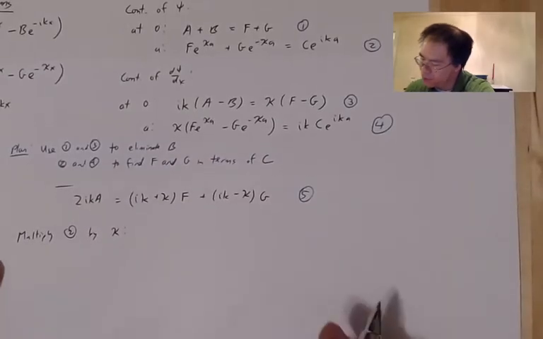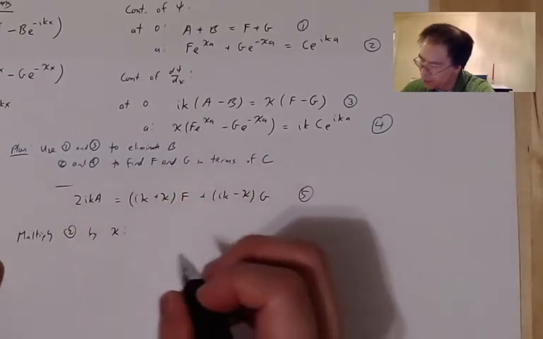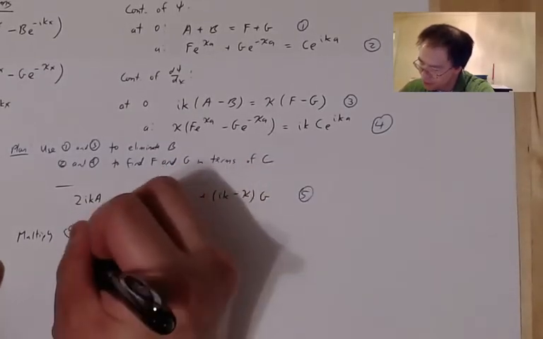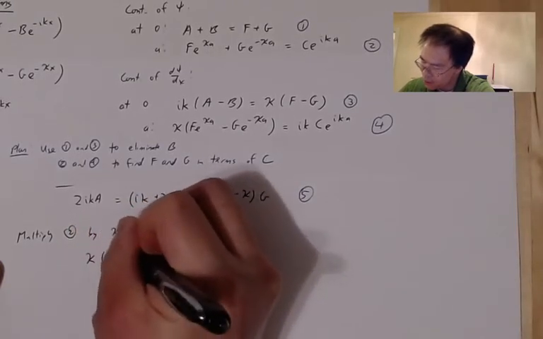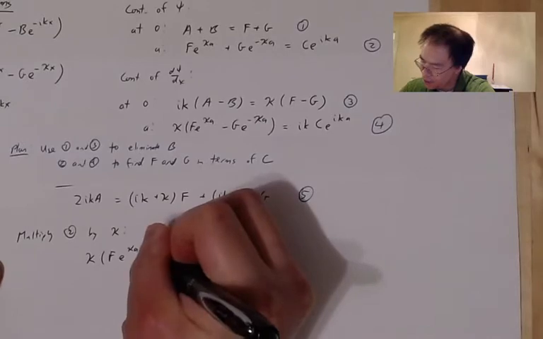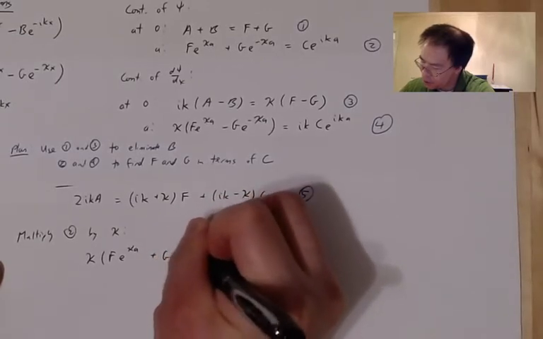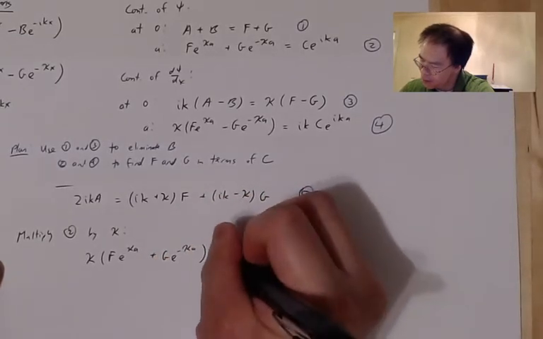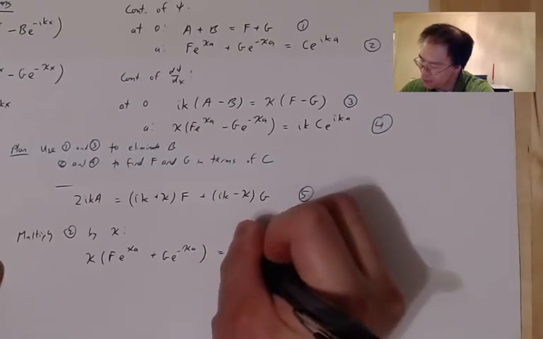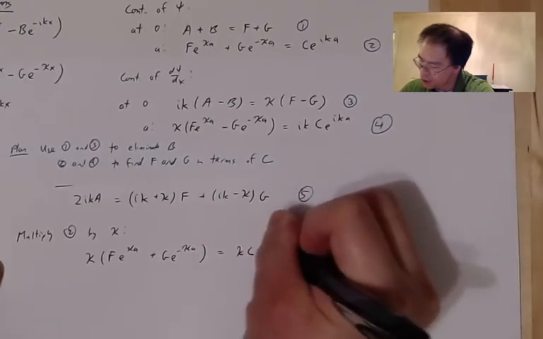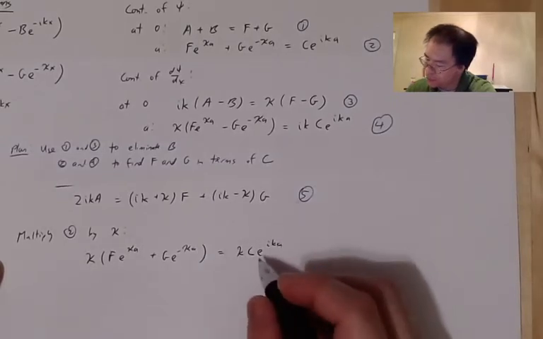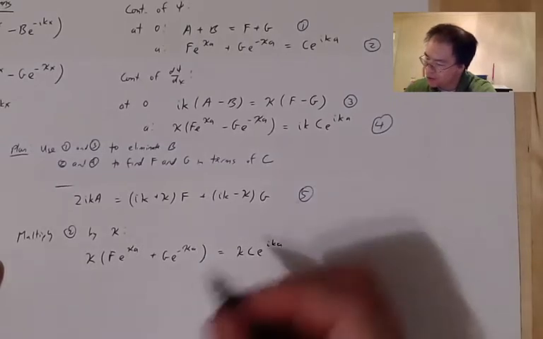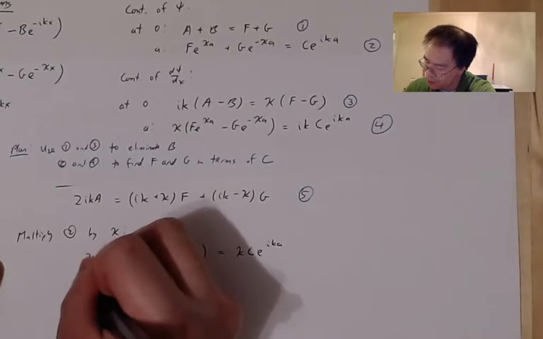And that will give me kappa f e to the kappa a plus g e to the minus kappa a equals kappa c e to the ik a. So this is sort of 2. Now I'll write down 4 again.